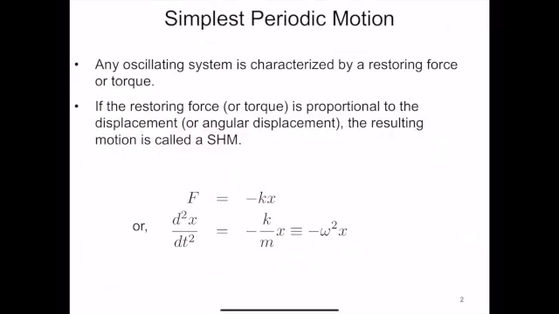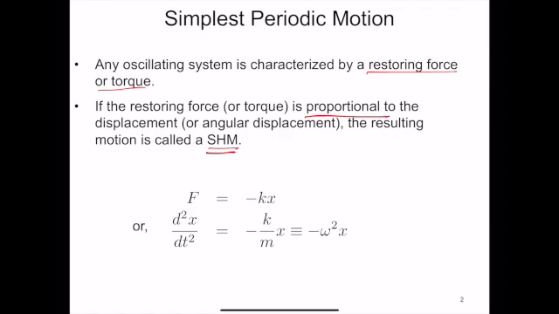So any oscillating system is characterized by a restoring force or a restoring torque. If this restoring force or torque is proportional to the displacement, then the resulting motion is called a simple harmonic motion.